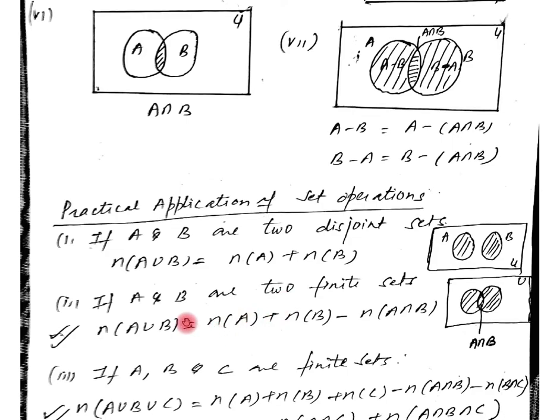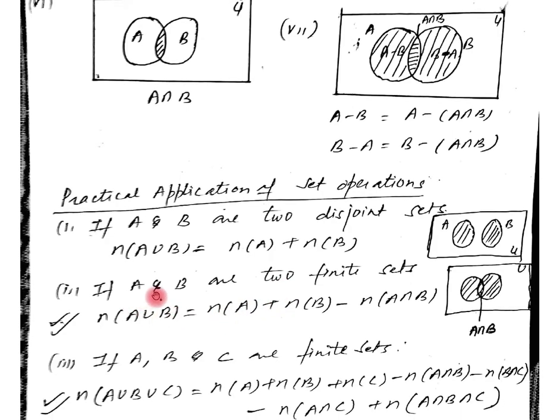And the second, the most important result is here: if A and B are two finite sets, then n(A union B) equals n(A) plus n(B) minus n(A intersection B). Let us see how.